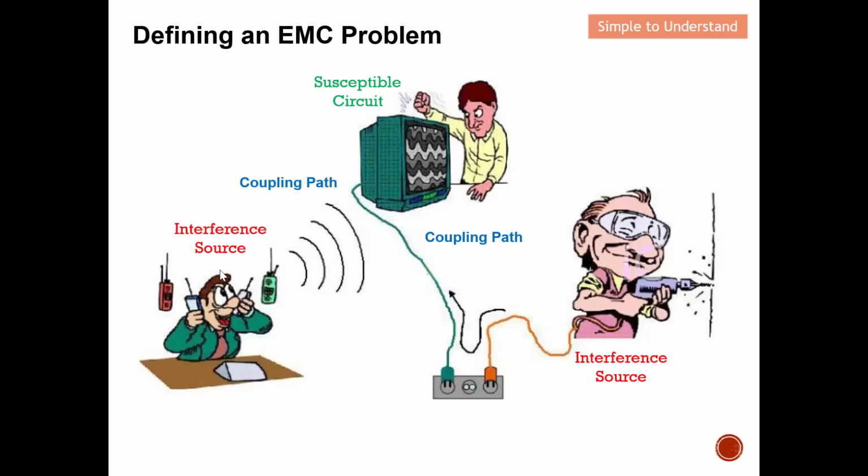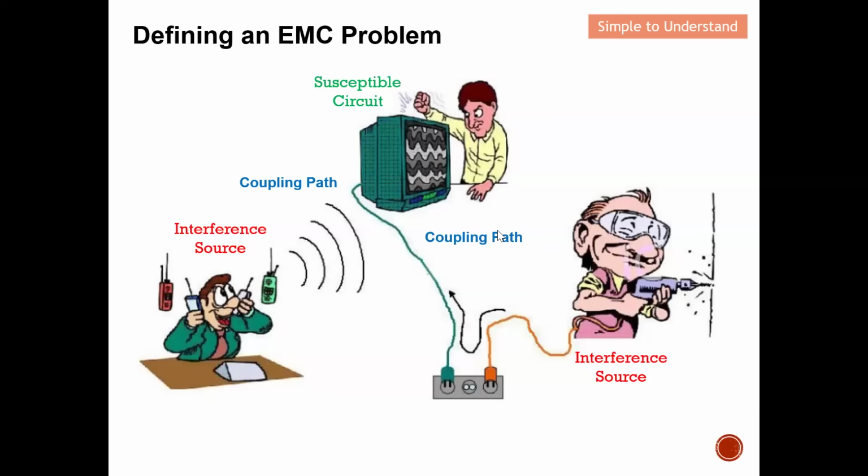Another possibility is, for example, someone makes a phone call, which generates an EM wave. The EM wave propagates and reaches the victim, which in this case is the TV. Then again, you will be able to see the line. And this is what we call radiated. Basically, for the coupling path, this is what we call radiated because the air is the medium.